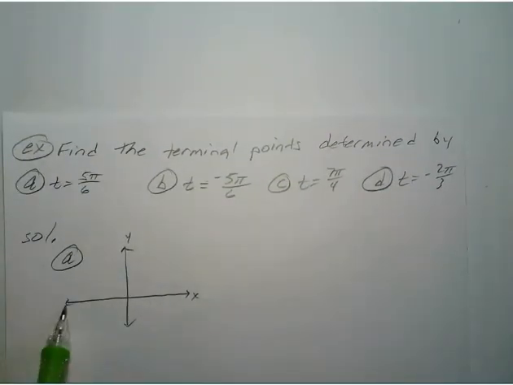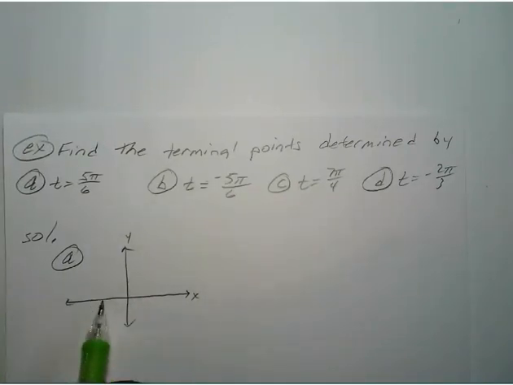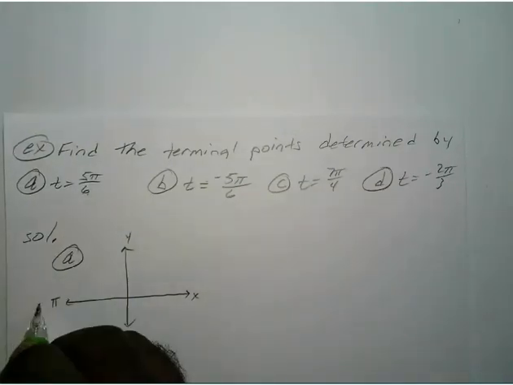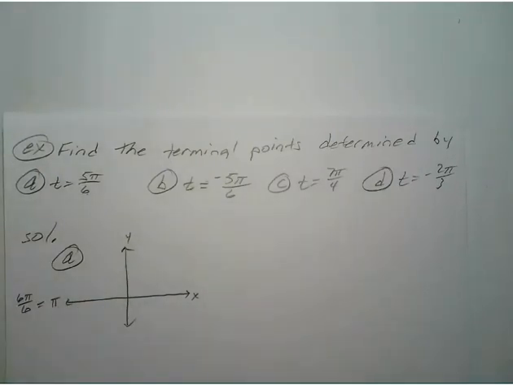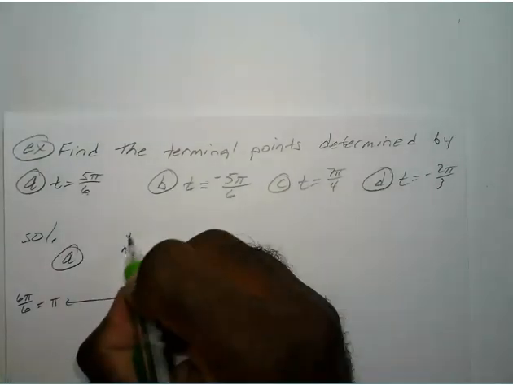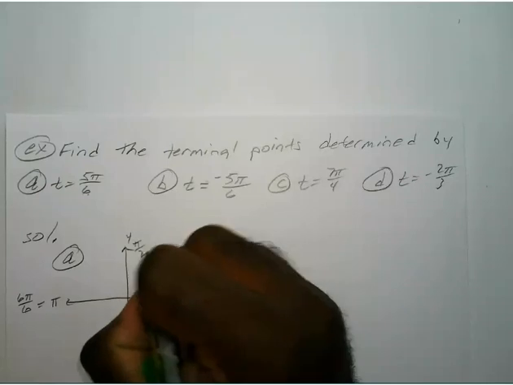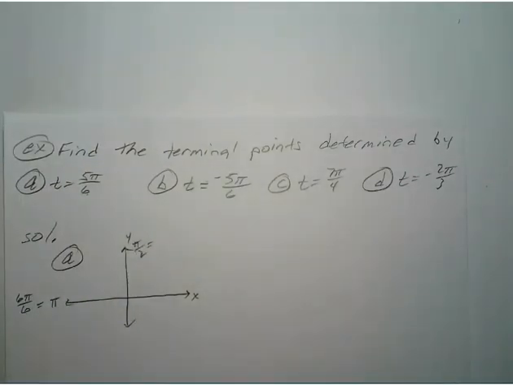So we know that 180 degrees, or basically a straight line, is going to equal our pi. Our denominator for A is 6, so that means this is going to be 6 pi over 6. Okay, so we know that this portion up here is pi over 2. Since our denominator is 6, we multiply this by 3 over 3, so that's 3 pi over 2.